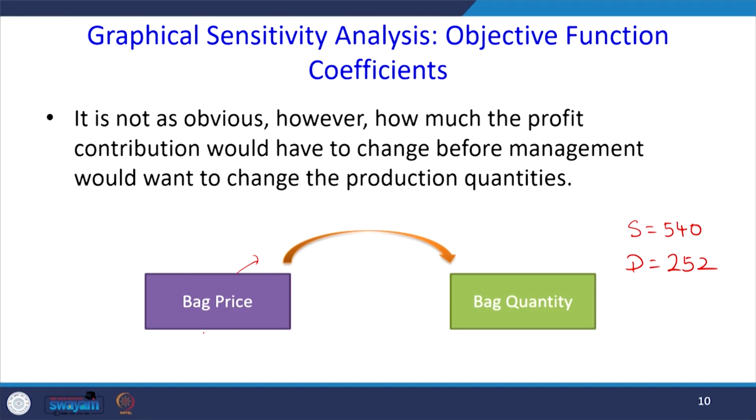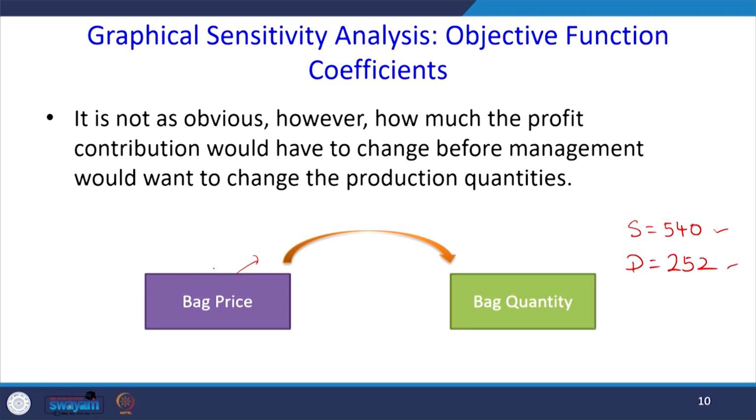It is not as obvious, however, how much the profit contribution would have to change before management would want to change the production quantities. So, what is the meaning of this? We already got the result: 540 standard bags and 252 deluxe bags. If there is any small change in bag price, sometimes the small change will not affect your production quantities.